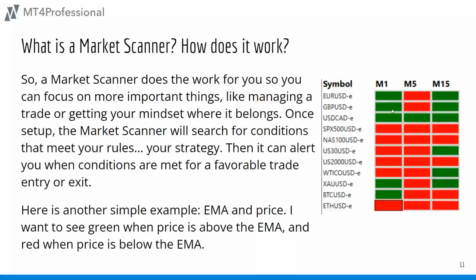When you have a scanner working for you and doing all this in the background, that frees you up to do the more important things, like focusing on your trade or getting your mindset where it belongs, because the scanner is doing all the work, finding the trades, meeting all your rules and conditions, and then alerting you and letting you know that the conditions are favorable for a trade entry or an exit.